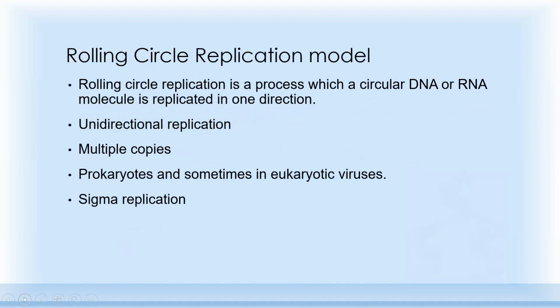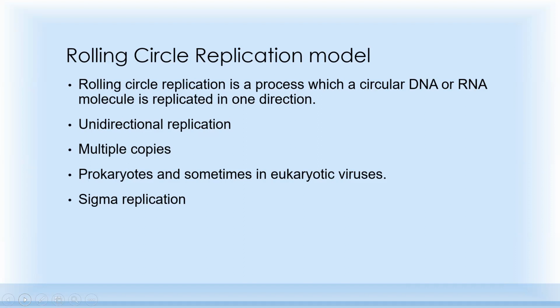This method is mainly found in bacterial mating, in which a single linear DNA or RNA is transferred from the donor cell to the recipient cell. This transfer from the donor to the recipient is usually through the rolling circle replication mechanism. This mechanism, as I said, is mainly found in circular DNA and plasmid DNA.